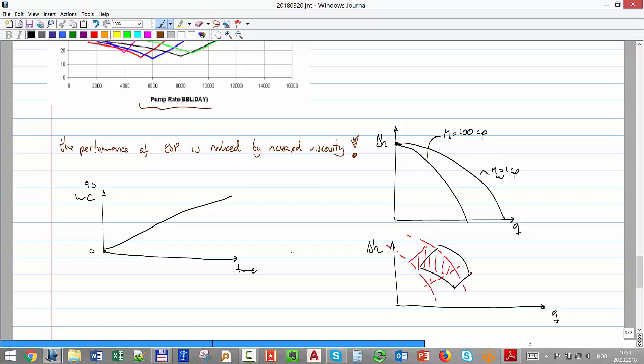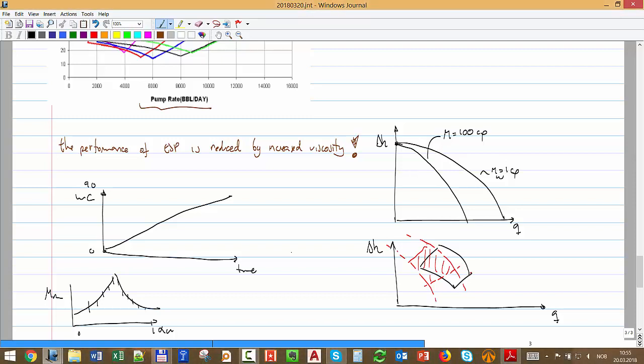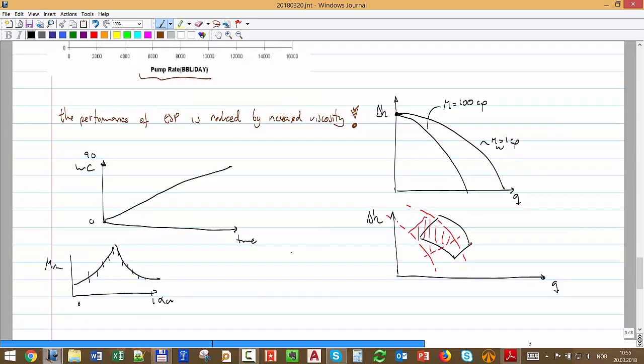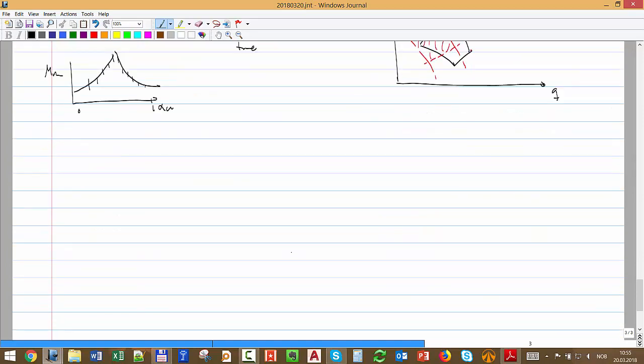When you go from 0 to 90, you're going to go through this emulsion viscosity versus water cut from 0 to 1. And then you're going to have changes in viscosity, and that's going to be a problem. Then your operational envelope is going to change, and I have to take that into account. So that was one thing: viscosity is going to affect the performance of my pump.